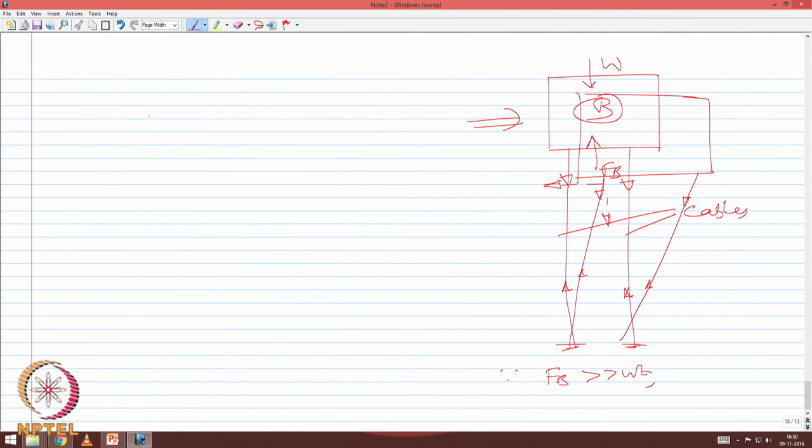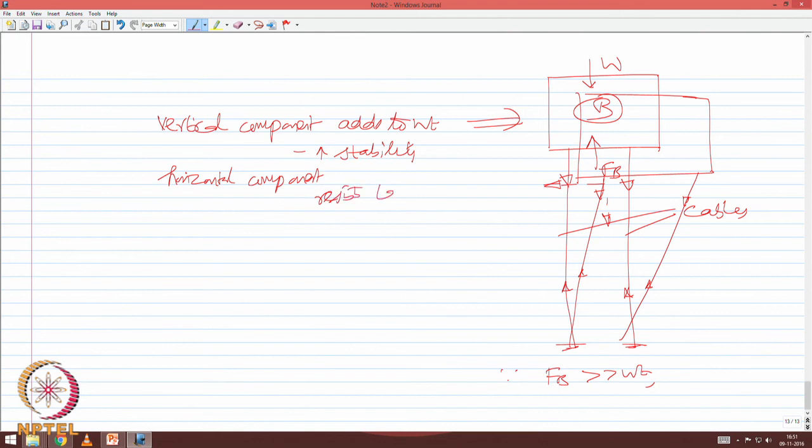So, interestingly, the vertical component adds the weight, improves stability, whereas the horizontal component resists lateral loads. So, the lateral load acted upon the member is now reduced.